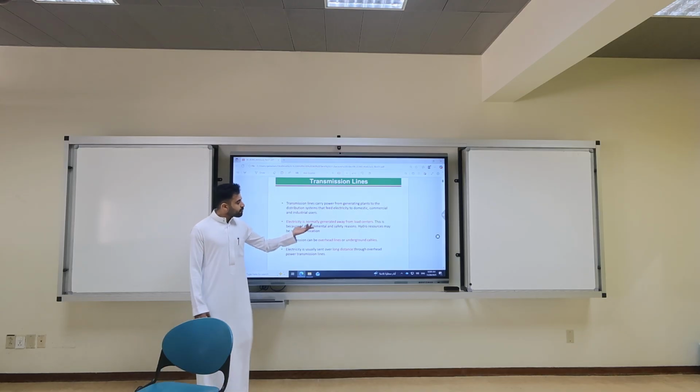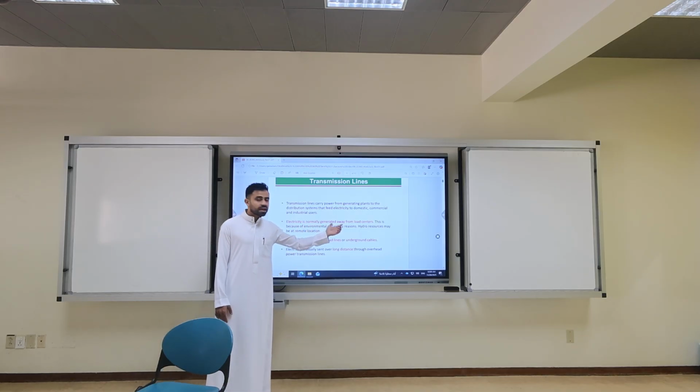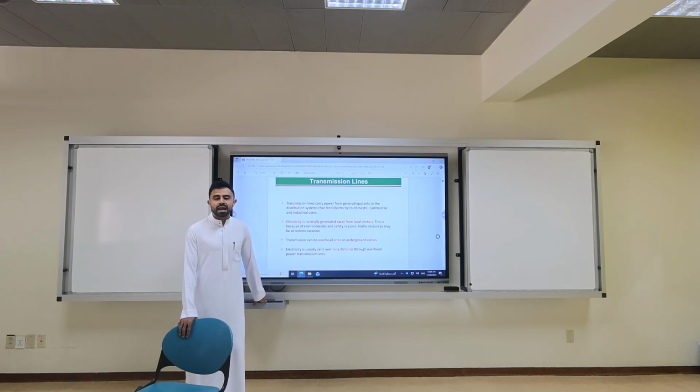So we put them away from the city for environmental and safety reasons. So we need to transfer this from the faraway synchronous generators to the city. So we really need transmission lines to transfer them.